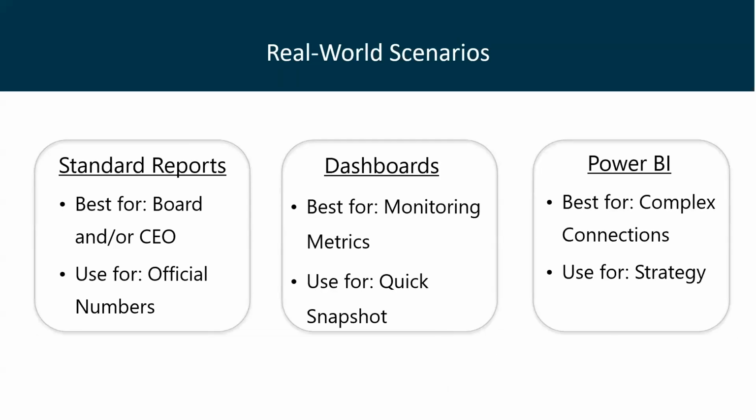So some real world scenarios for understanding what to use when. So for your standard dashboard or standard reports, these are best for your board and your CEO for official numbers. They're quick, they're clean, fairly easy to use. Your dashboards are best for monitoring your metrics.